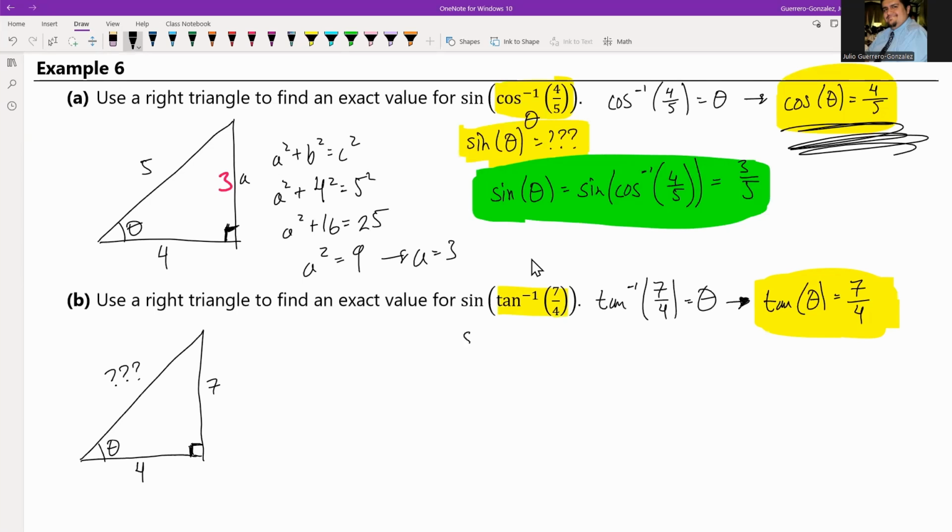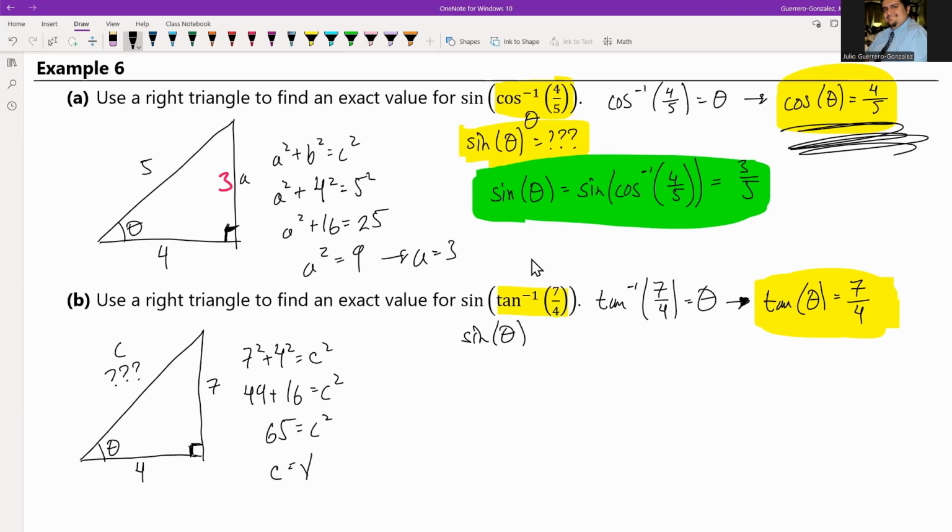So I need this, right? And we're looking for sine of my angle theta, whatever that is, right? So I need my opposite and my hypotenuse. I'm off to look for my hypotenuse now, right? 7 squared plus 4 squared is equal to c squared. I'm going to make that c. 49 plus 16 is equal to c squared. 65 is equal to c squared.